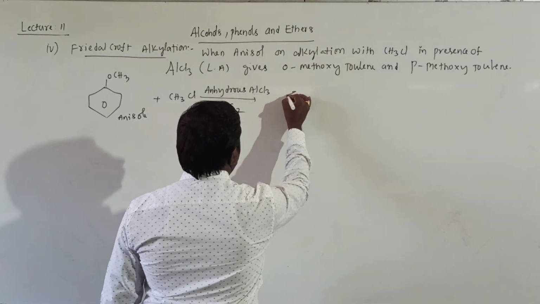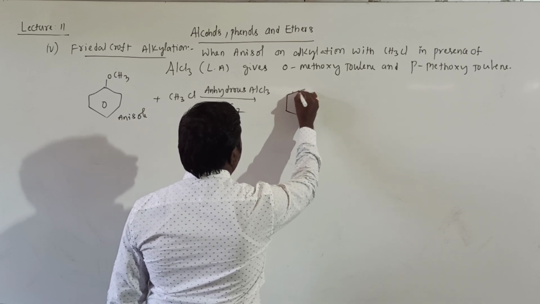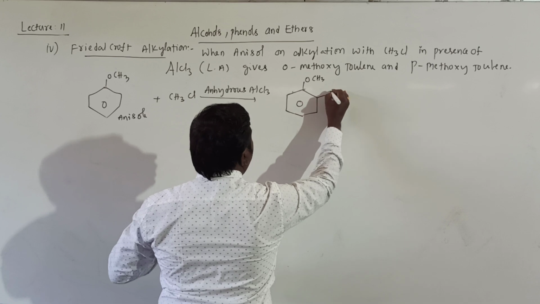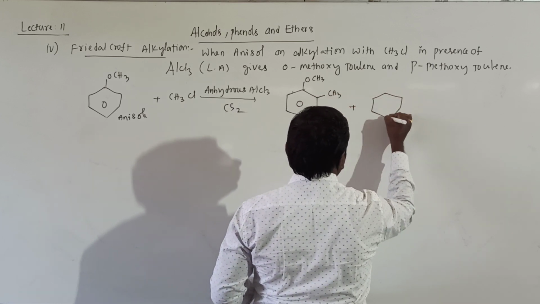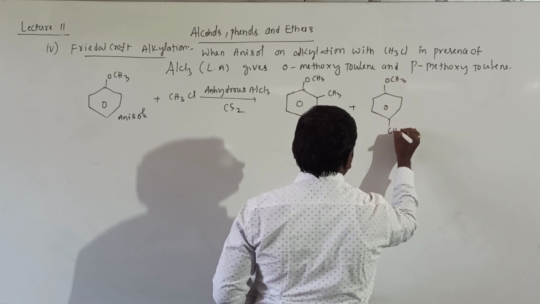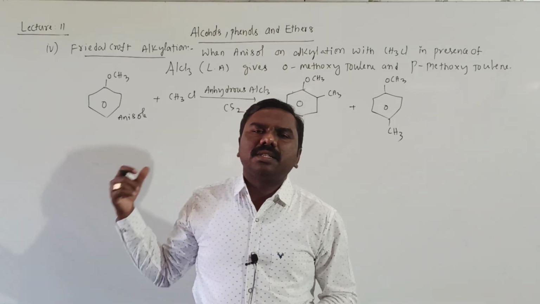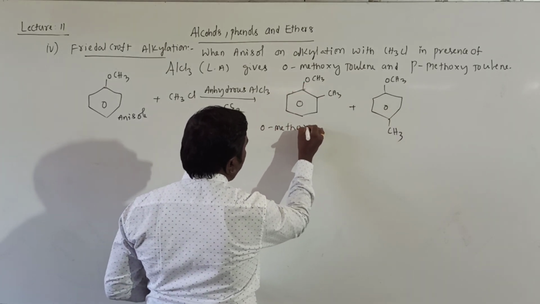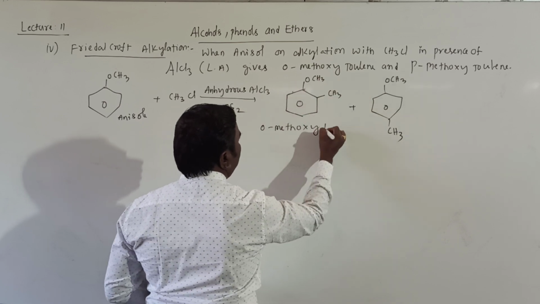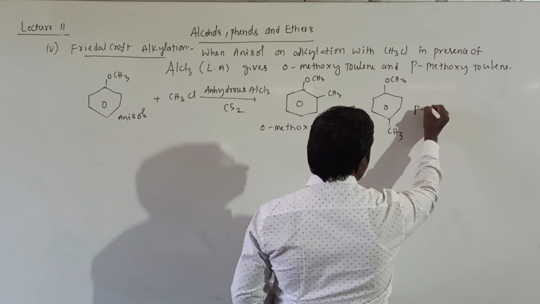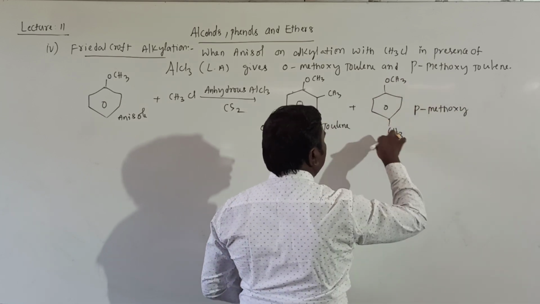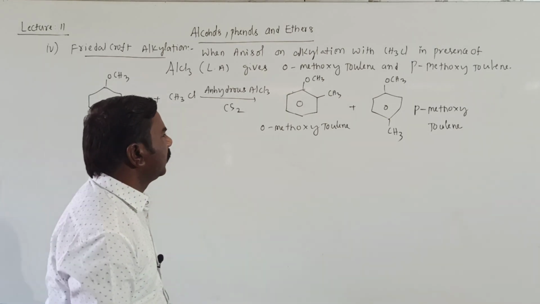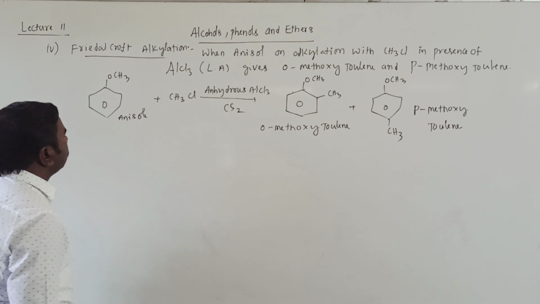The electrophile is CH3 plus, generated from CH3Cl, and it will be added at the ortho and para positions. Orthomethoxy is taken as toluene, and paramethoxy is taken as toluene: orthomethoxytoluene and paramethoxytoluene. The major product is the para product, remember always.